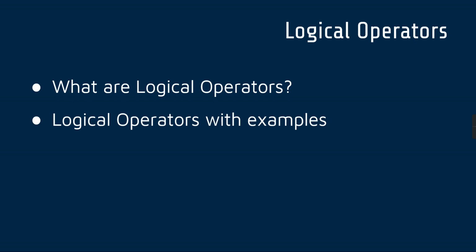Each of them is used to check for logics, and the operands work in such a way that depending on the condition it is going to give us a boolean value of true or false. So let's look at all the operators in our Python notebook.